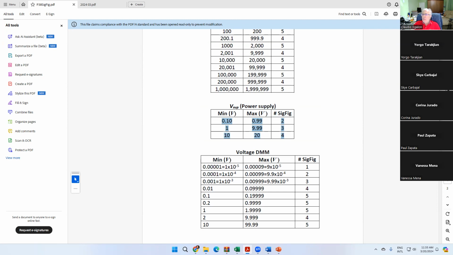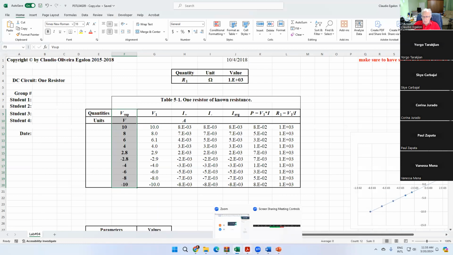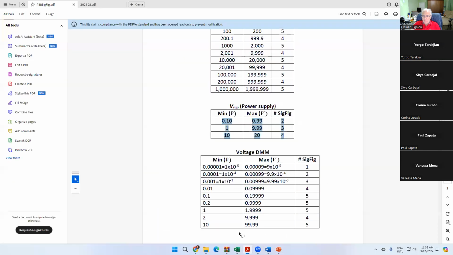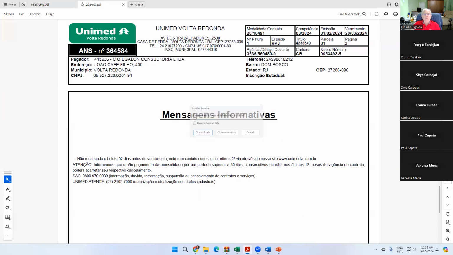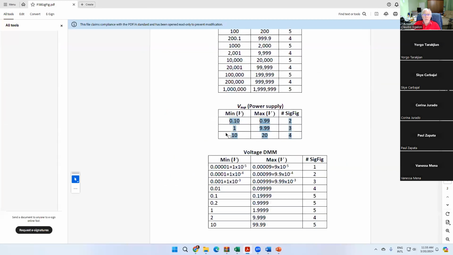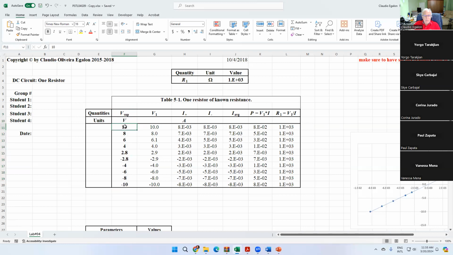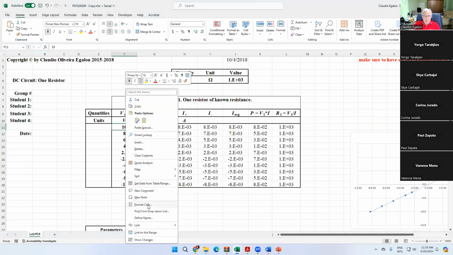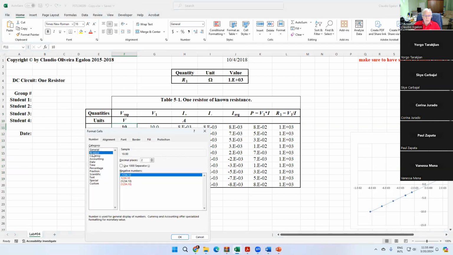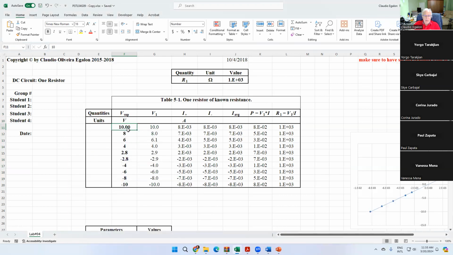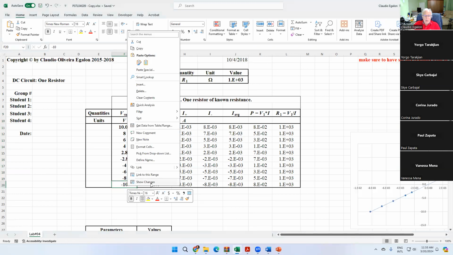If it's just above 10, it's going to be what? 4 significant figures, right? So this guy here, I have to display with 4 significant figures. 4 significant figures should be 2 decimal places. Here and here.